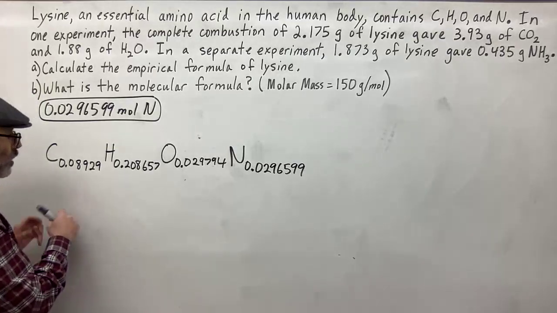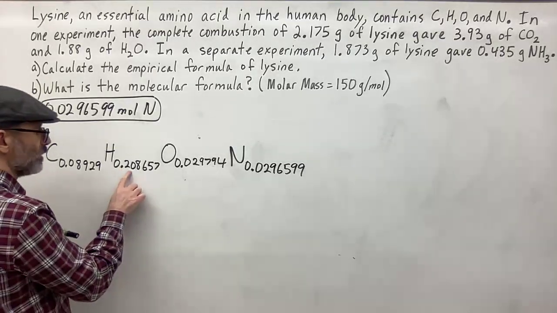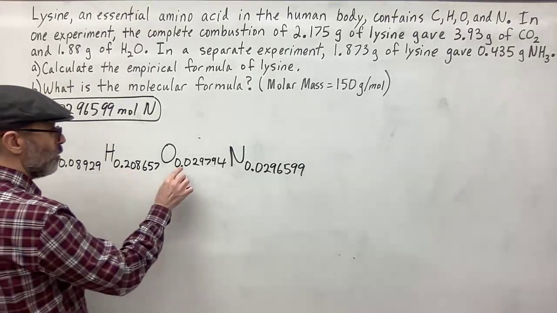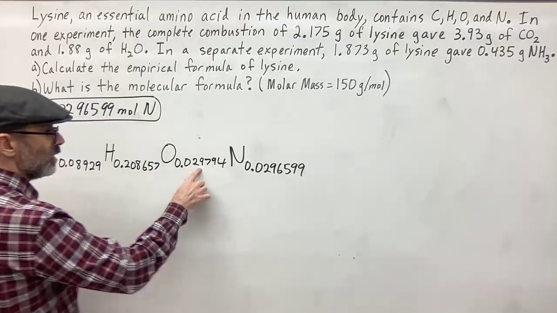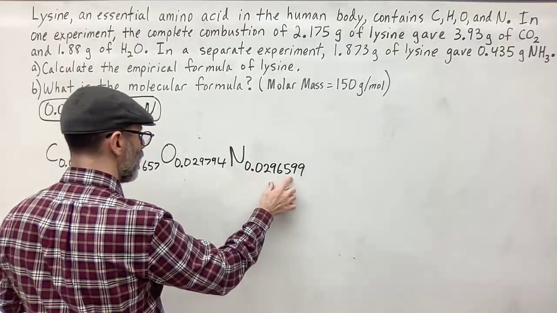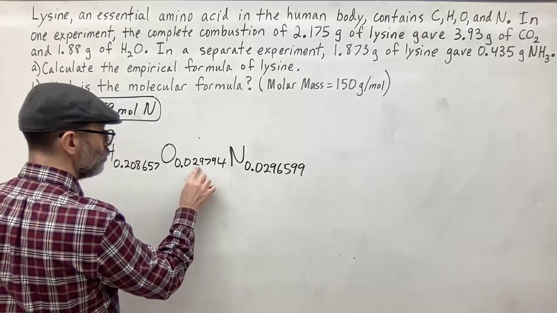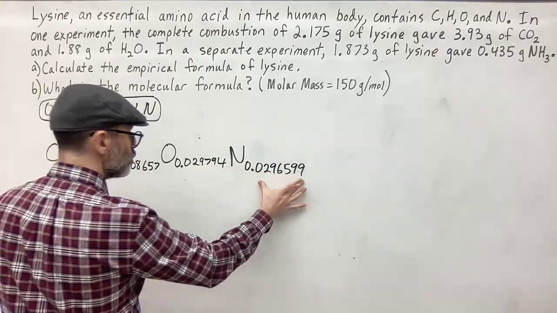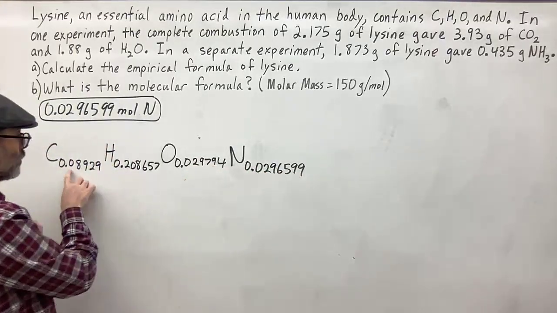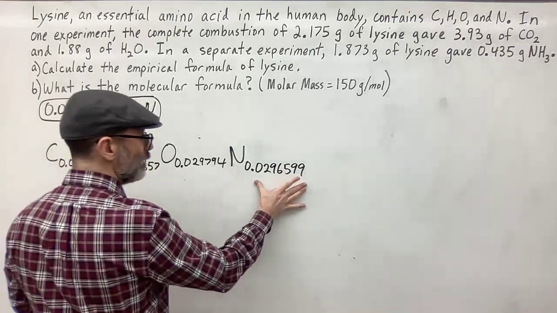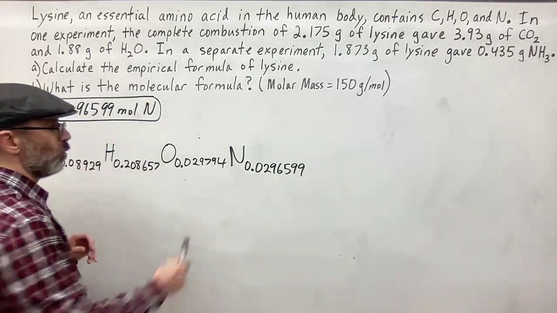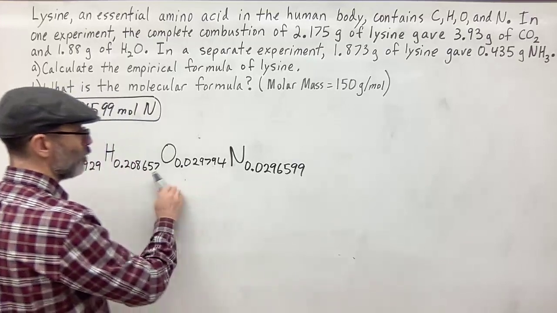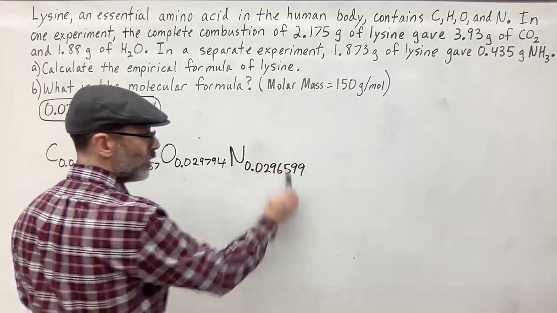So the smallest one is, well, we have 0.208 here, 0.029. Here we have 0.02965. Here we have 0.2979. So here we have 0.08. So it looks like nitrogen is the smallest one. So we'll go ahead and divide everything by this number here.